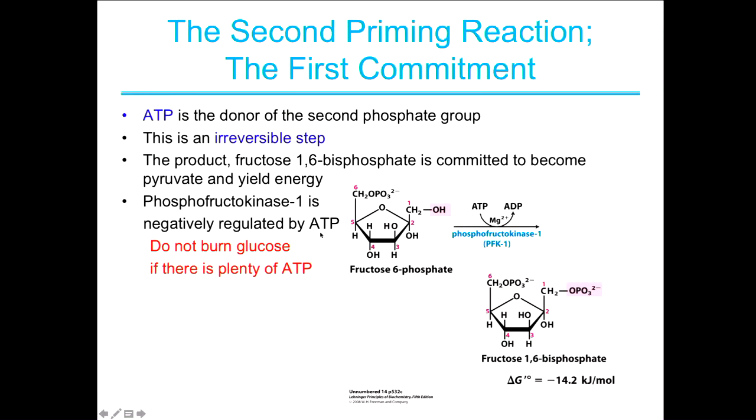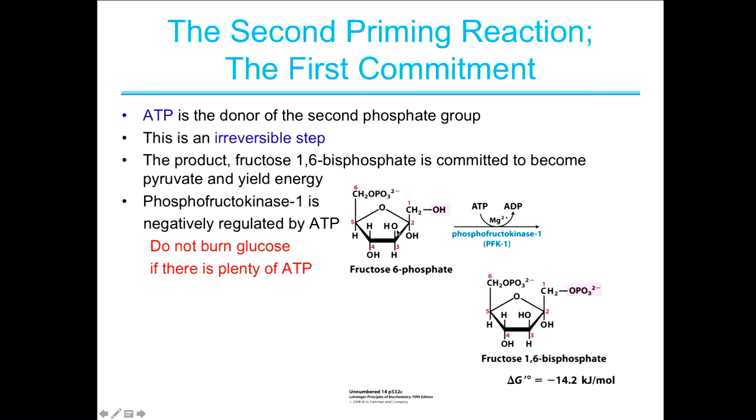If you have a lot of ATP around in the cell already, okay, the cell's got a lot of energy, you don't need to be going through glycolysis, you don't need to be breaking down your glucose, okay? Well, this ATP can come and actually bind to the enzyme in a way that you lower the activity of the enzyme. You lower the activity through this pathway, leaving fructose 6-phosphate and those other molecules to go be used for something else.